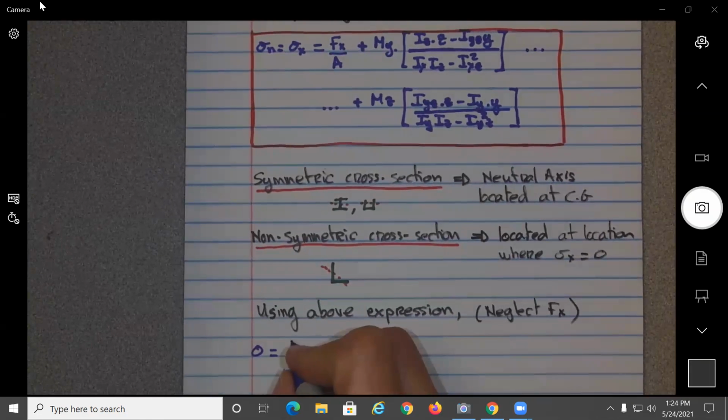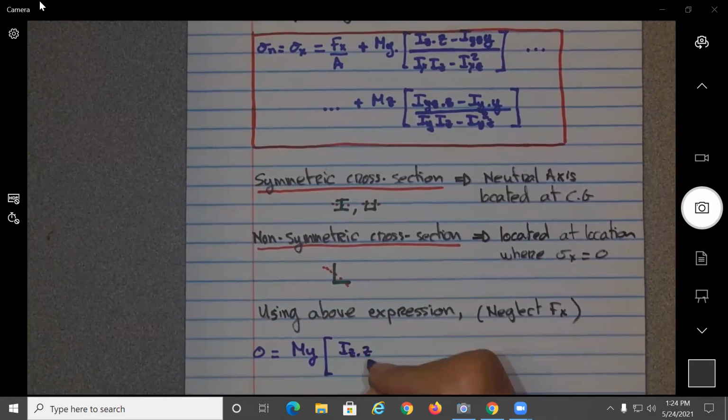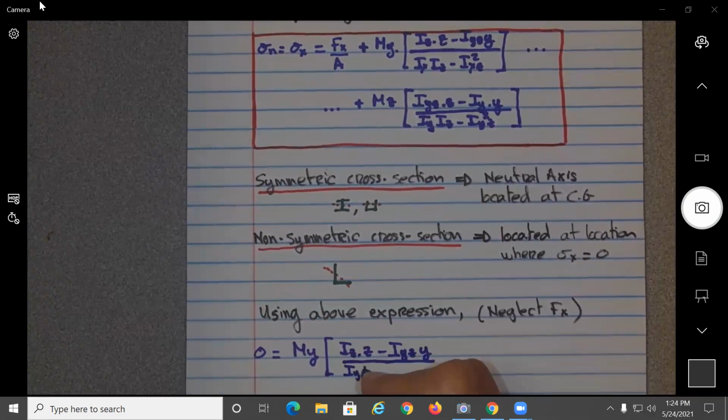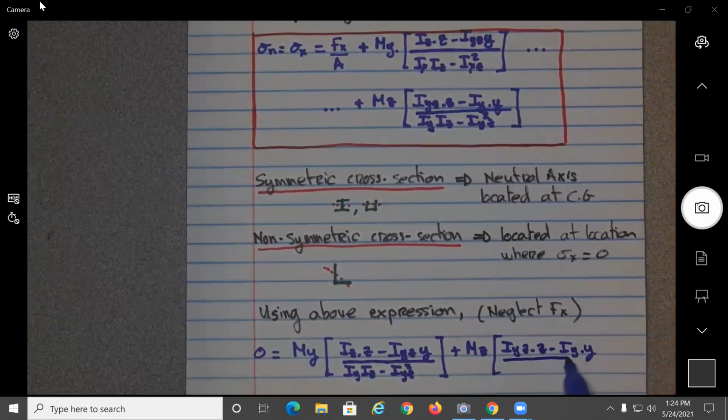So we have My times Iz times z minus Iyz times y, divided by Iy Iz minus Iyz squared, plus Mz of Iyz times z minus Iy times y, divided by Iy Iz minus Iyz squared.